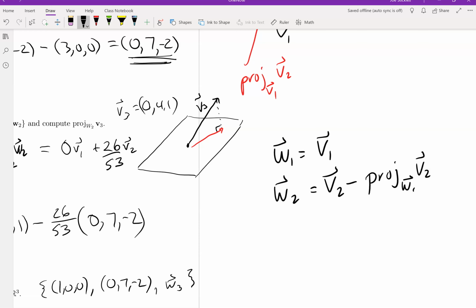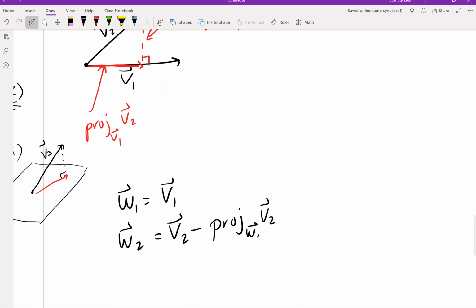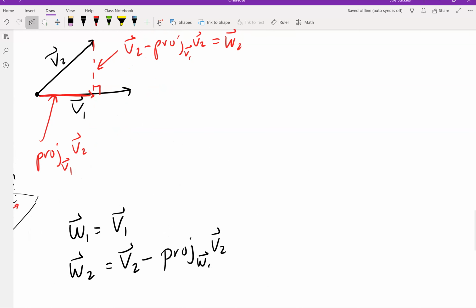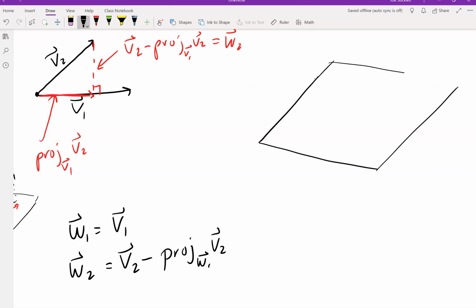All right, how do we get W3? Well, let's see if I can draw the picture again. This was in the handout, but let me try to go through the idea. We've already created W1 and we've created W2.